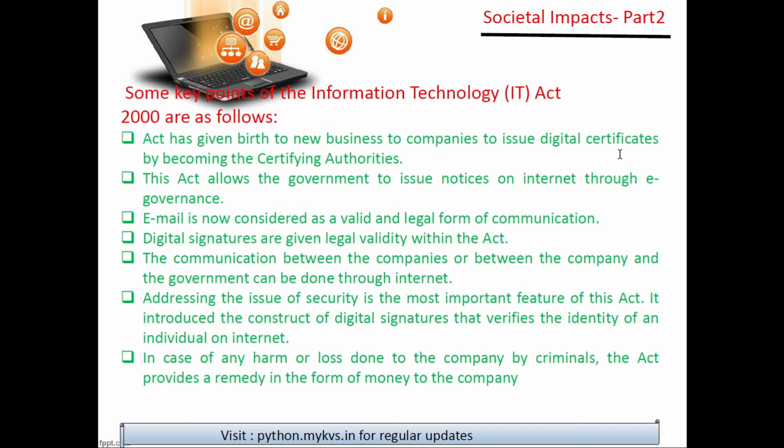In case of any harm or loss done to the company by criminals, the Act provides a remedy in the form of money to the company. If anything happens, for example by hacking or some other means, the Act will provide a remedy in the form of money to the company.